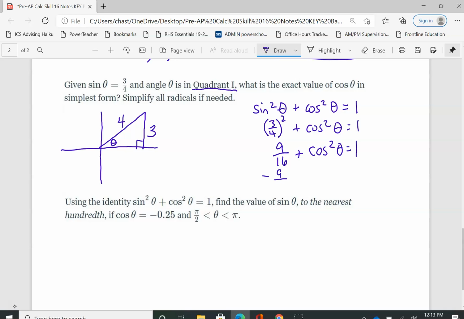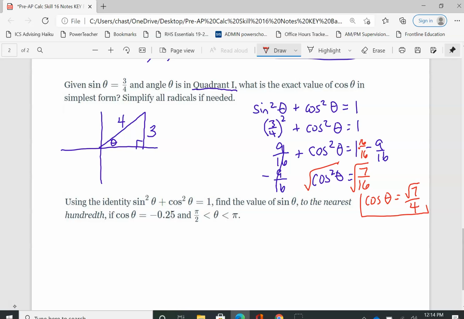If we subtract 9/16 from both sides, we get cosine squared theta equals, we got to get our common denominator, so 1 whole is the same as 16 over 16. 16 minus 9 is 7. And when we take the square root, we get cosine theta is radical 7 over 4. And in this case, we are going to need the positive root because we are in the first quadrant. Cosine is positive there.